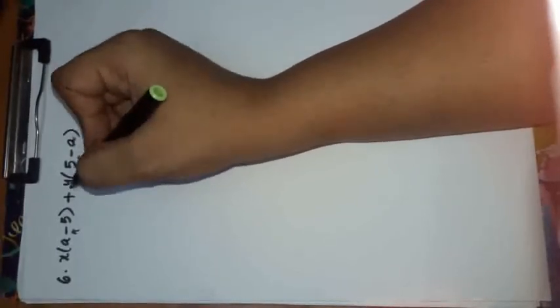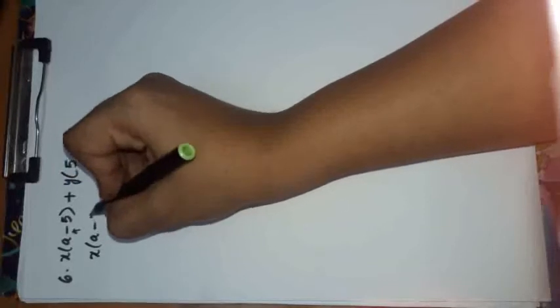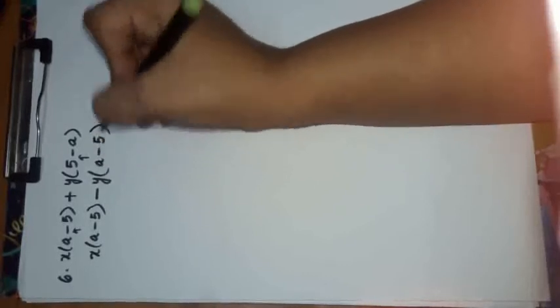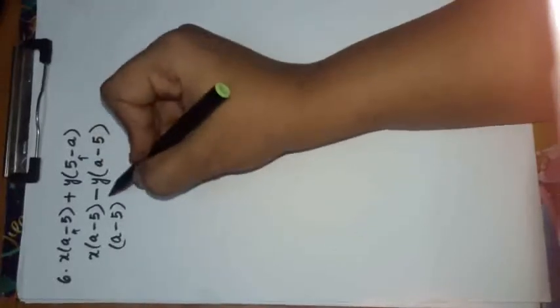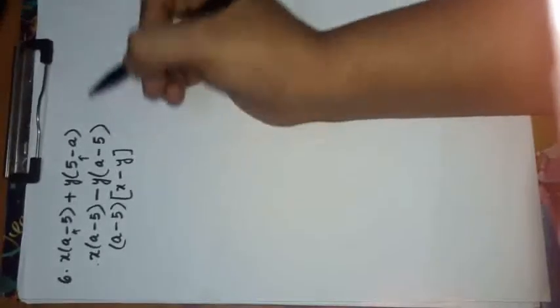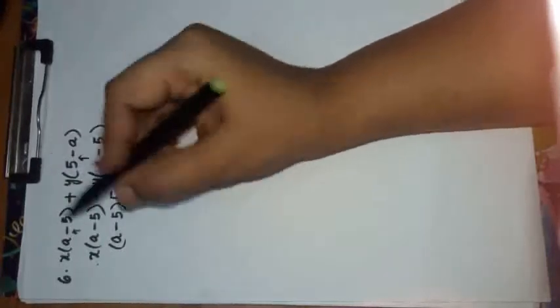Yes, surely we can, just by making this positive sign a negative sign. So here x of a minus b, and here the positive will become negative. Then this b minus a, we can make it a minus b. Now a minus b and a minus b both are the same, so we can take a minus b common outside of the bracket. Here x is remaining and here minus y is remaining, so we can say a minus b and x minus y are the factors of this given expression.